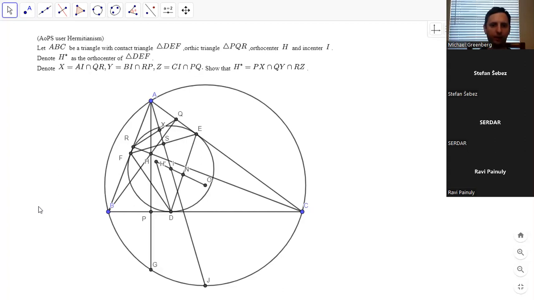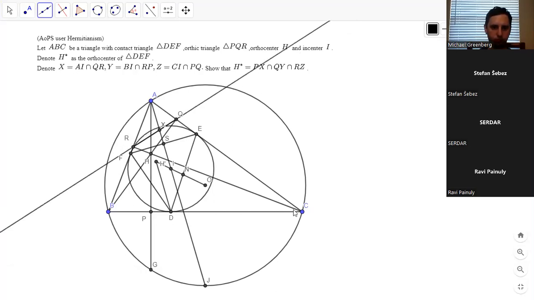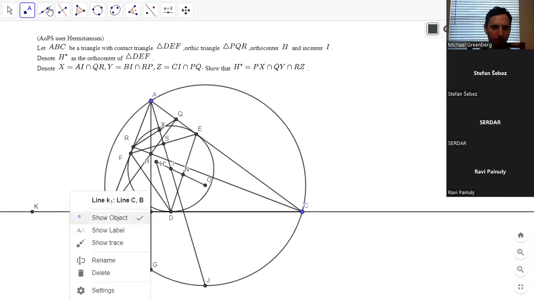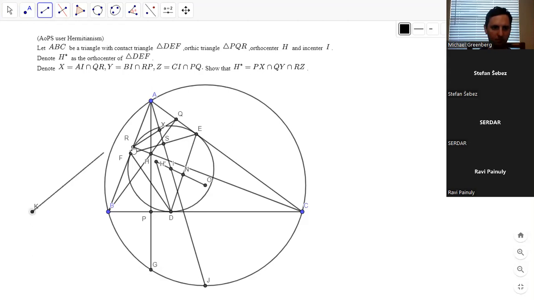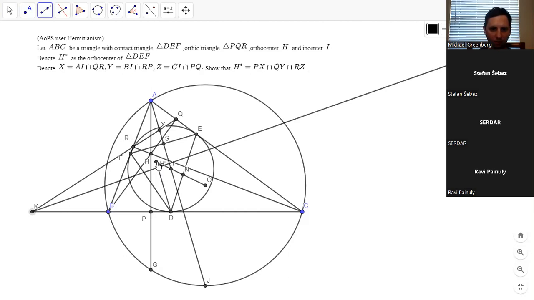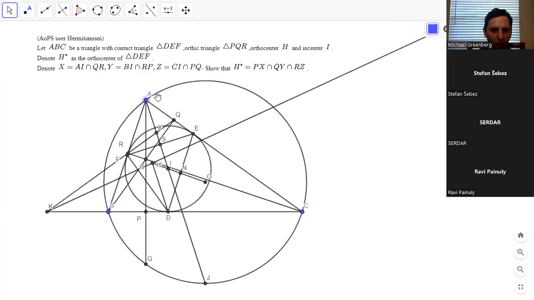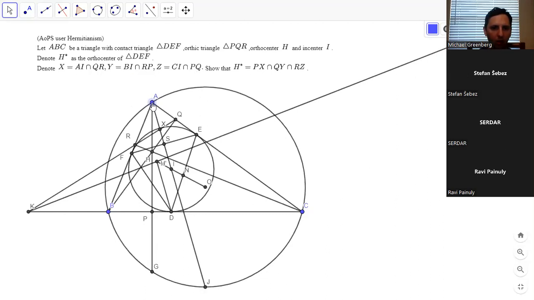Maybe we could let QR intersect BC, and then we could try to project through that point. So let's see.